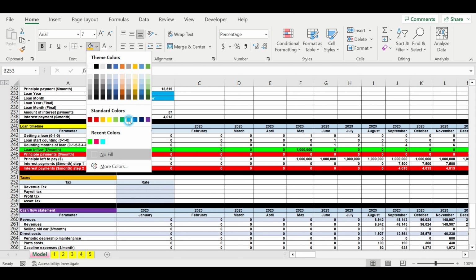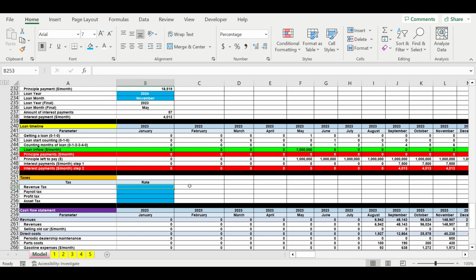I'm coloring them blue. Revenue tax, for example, will be a 4% rate, payroll tax will be 7%, profit tax 3%, and asset tax we will pay, for example, $2,000 monthly.